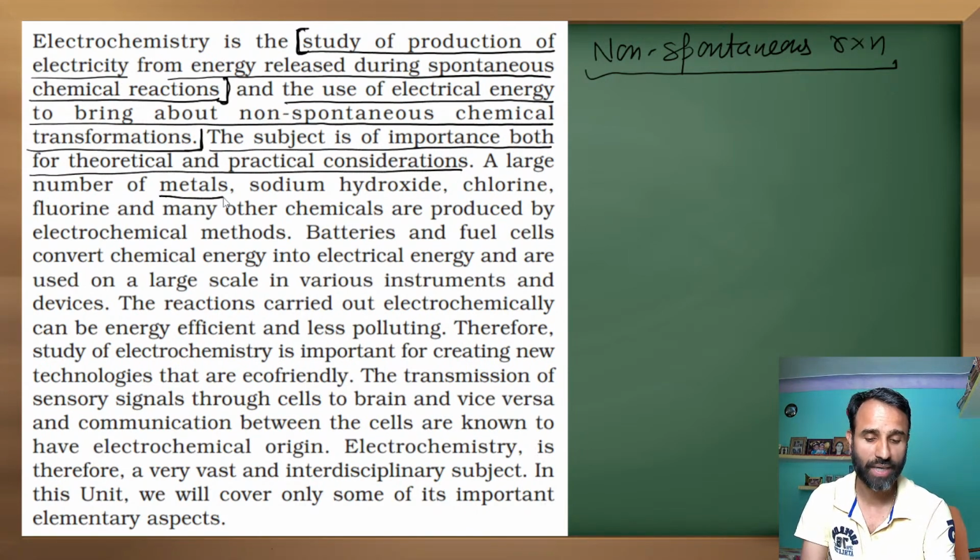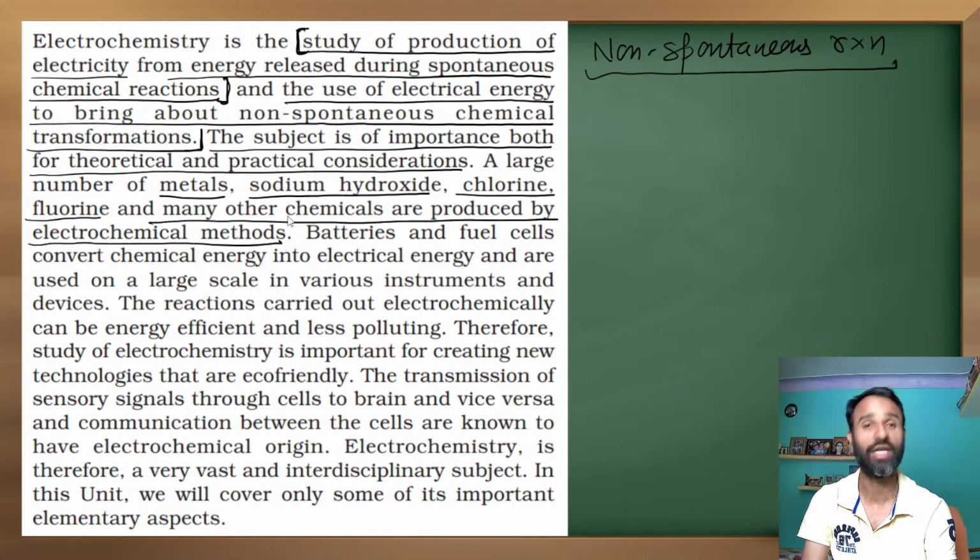A large number of metals, sodium hydroxide, chlorine, fluorine, and many other chemicals are produced by electrochemical methods. The production of sodium hydroxide we have done in class 11.